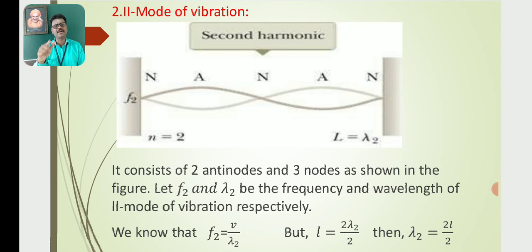In the second mode of vibration, the length of the rod L must be equal to lambda 2, which can be written as 2 lambda 2 by 2. So lambda 2 is equal to 2L by 2. Then substituting lambda 2 in the above equation, lambda 2 is replaced by 2L by 2.